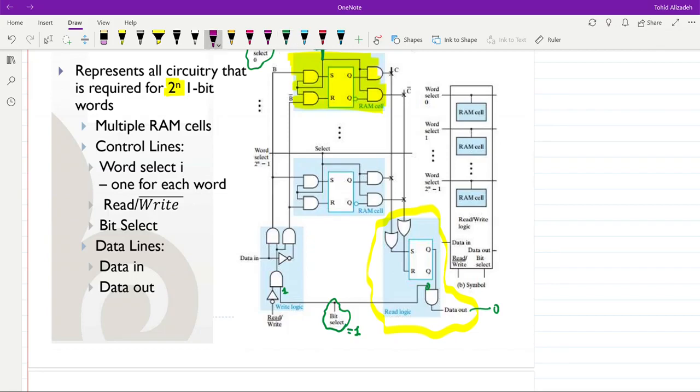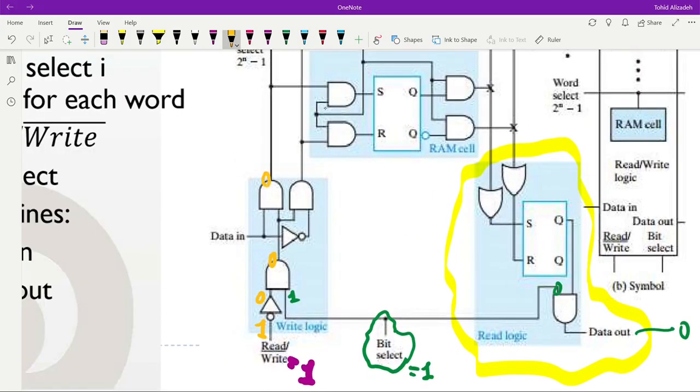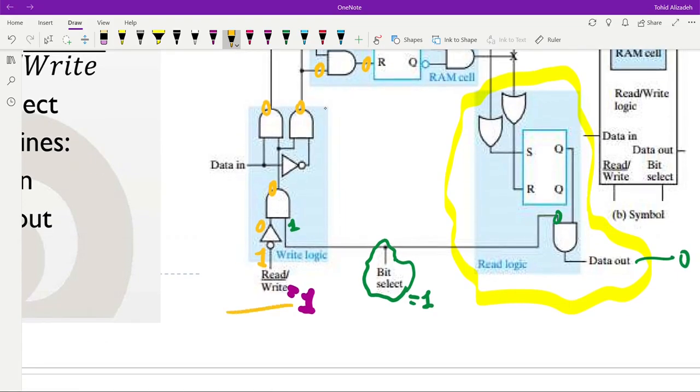Let us consider them one by one. Let's say that read write is also equal to 1, meaning that we are going to read from the memory. Then we will have 1 here, 0 out of the inverter, and then we will have 0 at the output of the AND gate over here, and this will result in zeros here and there, zeros here and there, zeros here and there, and therefore when we have reading, the content of memory will not change.